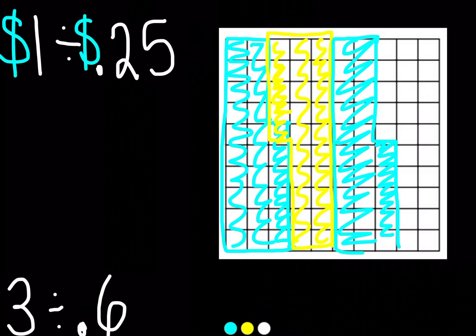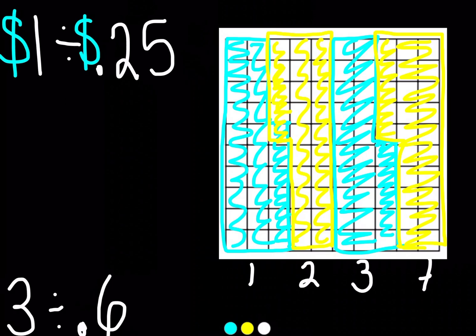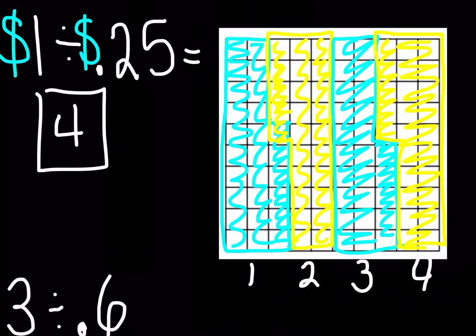And then I'll do my last group in yellow and shade in 25 hundredths. As you see there, I have 1, 2, 3, 4 equal groups. So if I did $1, or 1 divided by 25 hundredths, my answer would actually be 4 wholes.